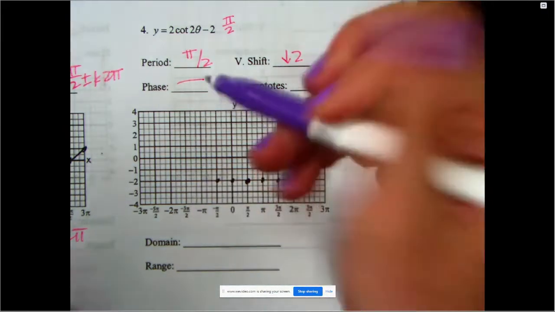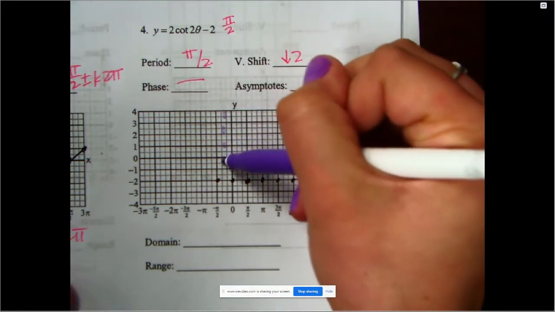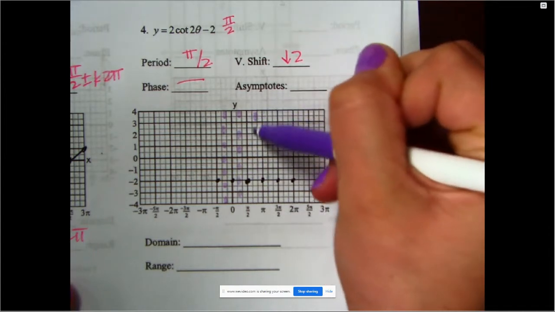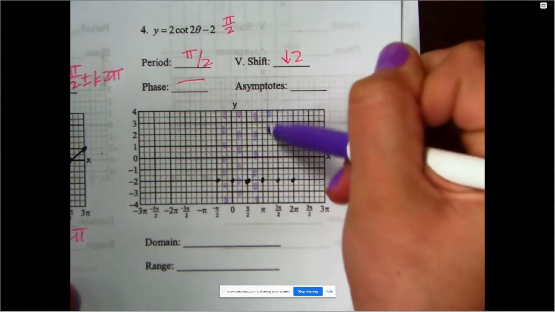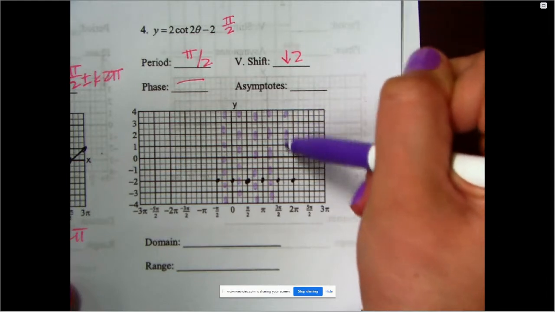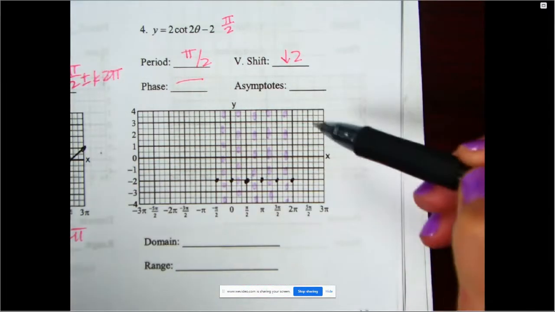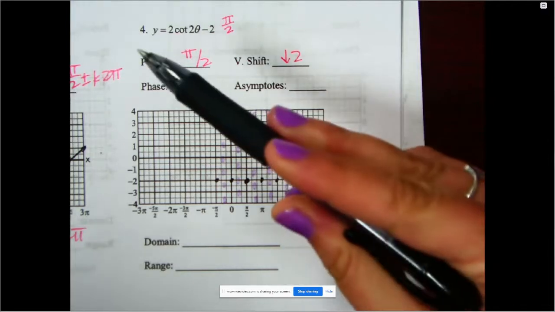Between these points gets the asymptote. Oh my gosh, we're crying. This is the babyest graph. And then from here, we're going decreasing, right? It's cotangent.